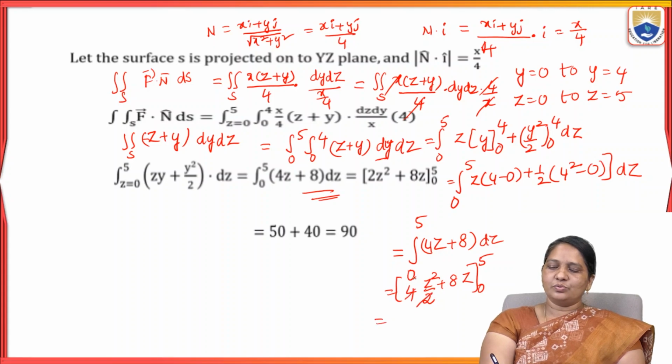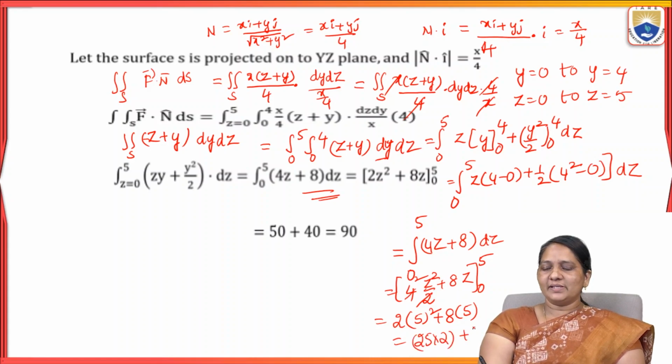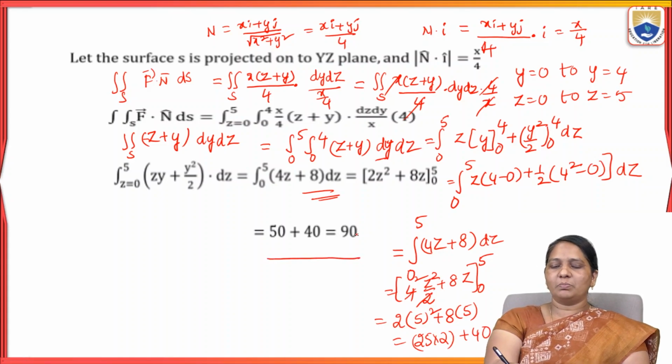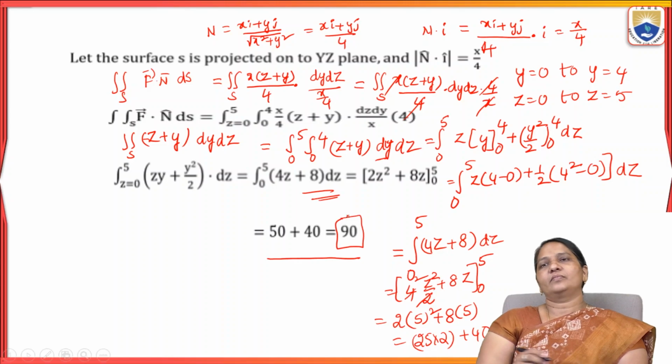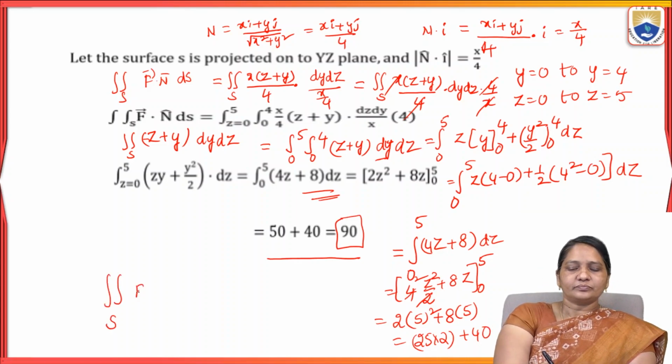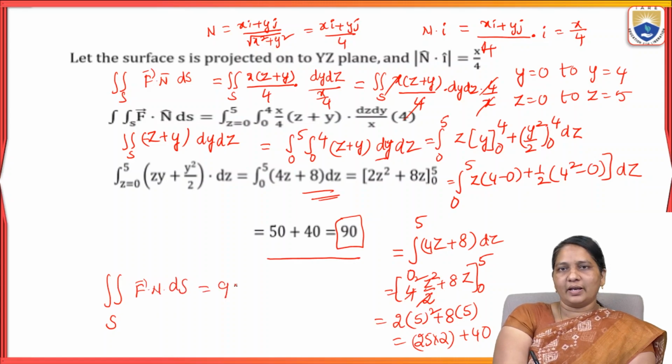Now 2 twos are 4, so 2 into 5 square plus 8 into 5 minus 0. 5 square is 25, so 25 into 2 plus 40, nothing but 50 plus 40. What is 50 plus 40? Total value is 90. So finally the double integral over S of F bar dot n dS value is 90.